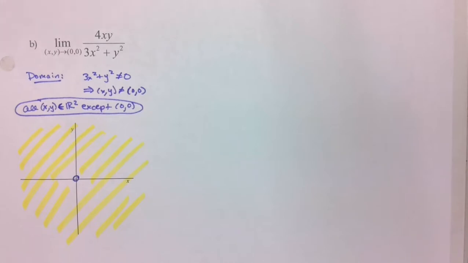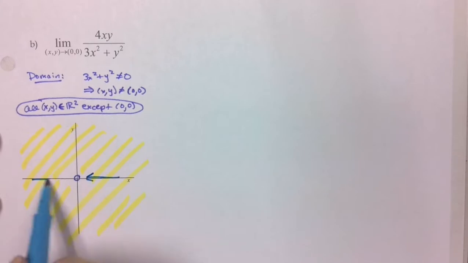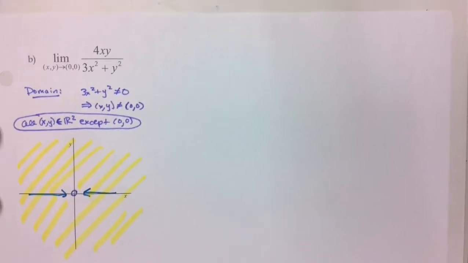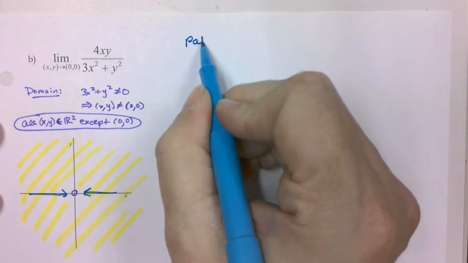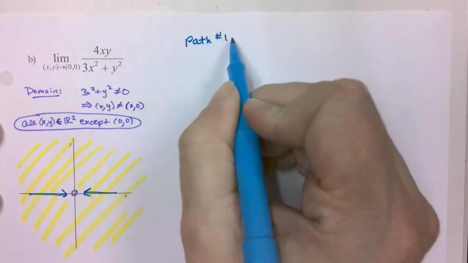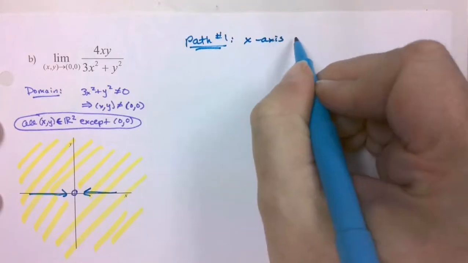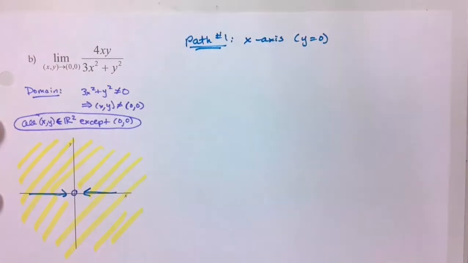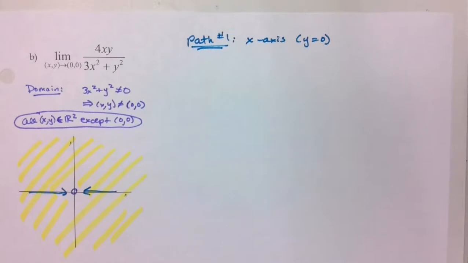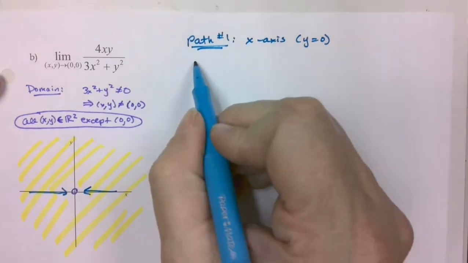So now I want to find some paths. I want to approach that point from different directions. So I'm going to start off with what I did last time. I'll start off with my x-axis. So that'll be path number 1. We'll approach on the x-axis, which would mean that y is equal to 0. So that transforms our limit.